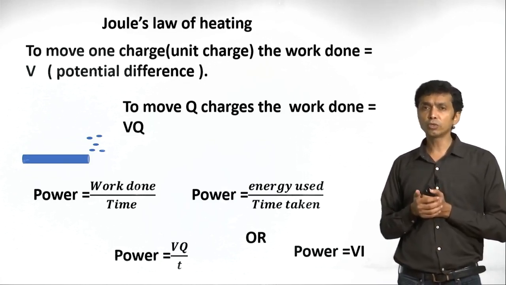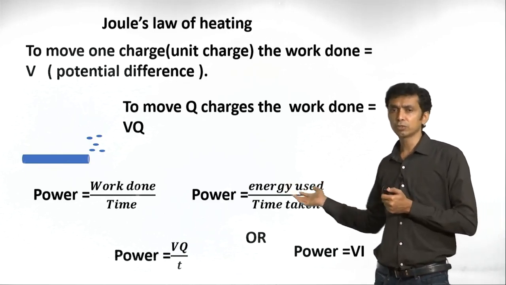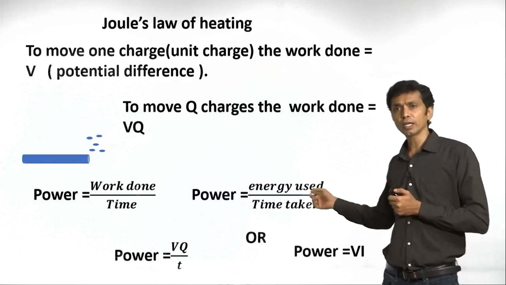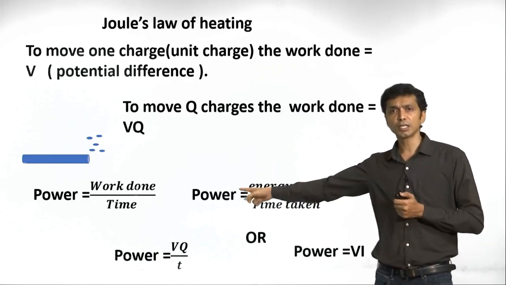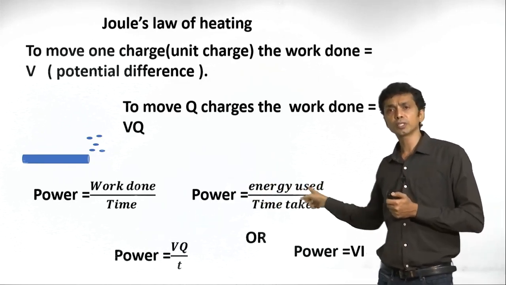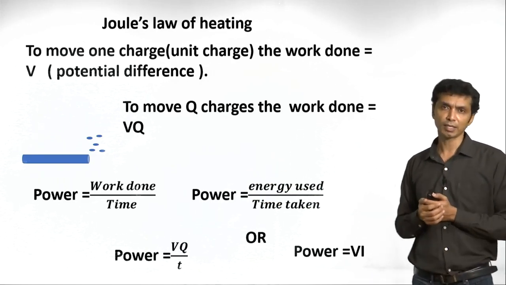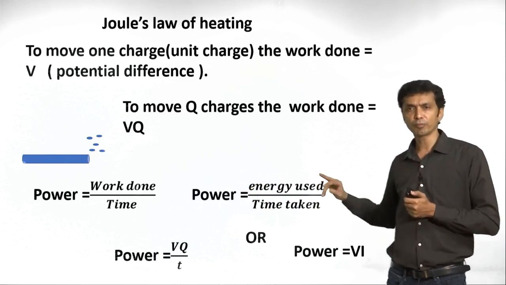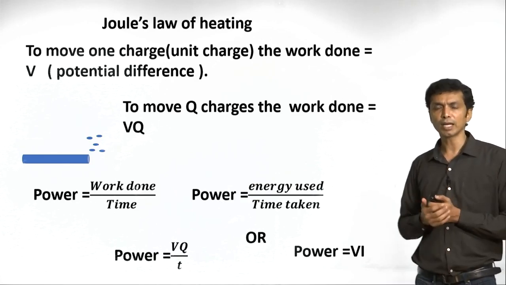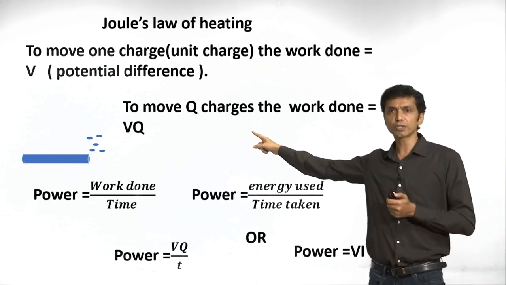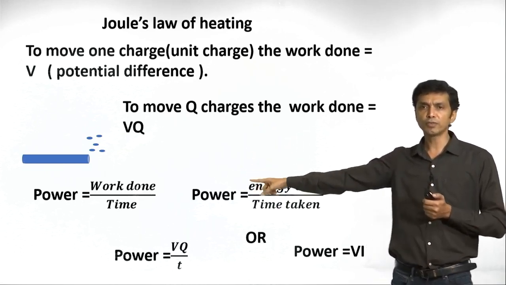You cannot do work if you do not have energy, so if you want to do more work, you have to use more energy. As much work as you are doing, that much energy you are using. So, work done by time for power, and energy used by time for power, are the same.